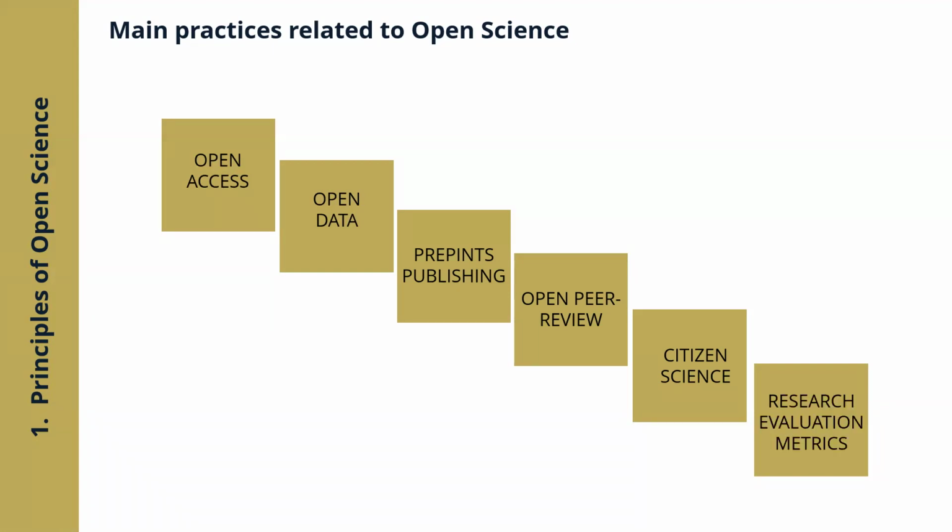And finally, the research evaluation metrics. Sometimes they are referred to as altmetrics, alternative metrics. Those are indicators used to measure the impact and visibility of research beyond traditional journal citation-based metrics, okay, like the journal impact factor.